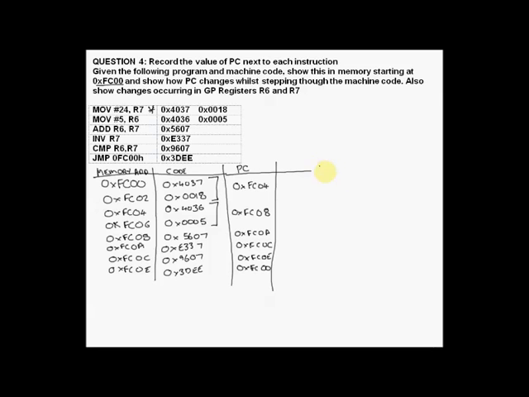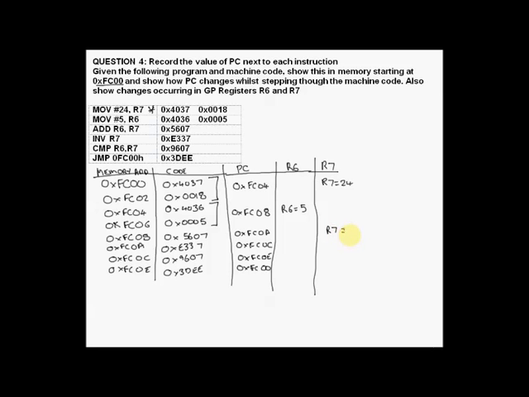Okay, then what we want to do is show the changes in the registers R6 and R7. So this first one will move 24 to R7, so R7 equals 24. Next one moves 5 to R6, so R6 is equal to 5. We're adding R6 to R7 and storing the result in R7.